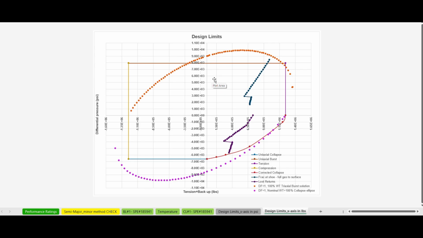Again, this Excel spreadsheet, as I mentioned in the original LinkedIn post, is a test to put all the uniaxial limits and the triaxial limits together, and it serves as a quick check for the load case. It does not replace any official procedure, which is probably done by industry recognized software.